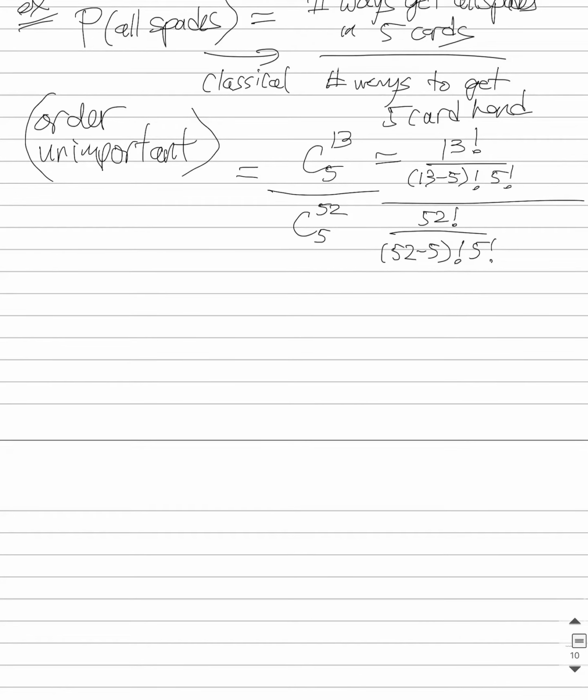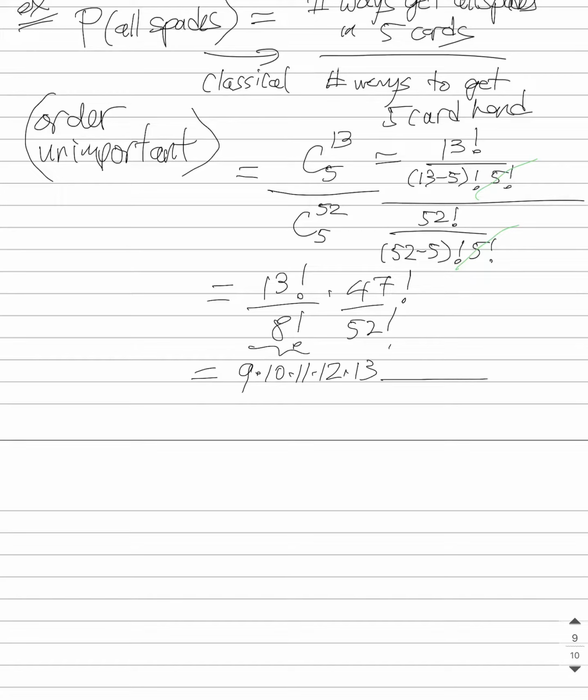Try to clean this up a little bit. I'm going to notice that these 5 factorials go away. And I could basically write this as 13 factorial over 8 factorial, times 47 factorial over 52 factorial. If I were to clean this up, there's going to be a lot of stuff that cancels out with each of these. This is going to give me 9 times 10 times 11 times 12 times 13.